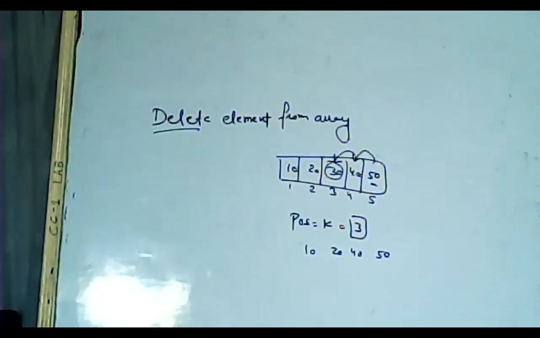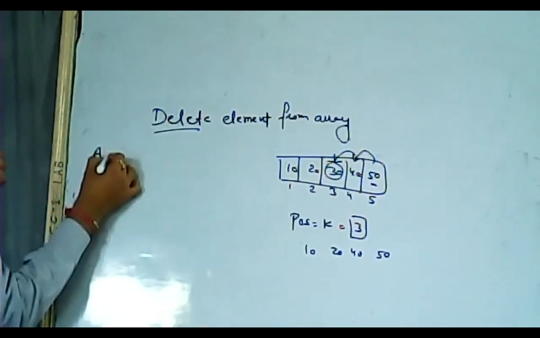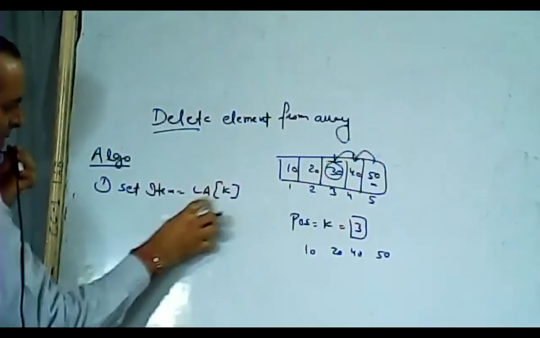Should we write the algo for it? Now LA, I repeat, is a linear array. You can name this array any name.